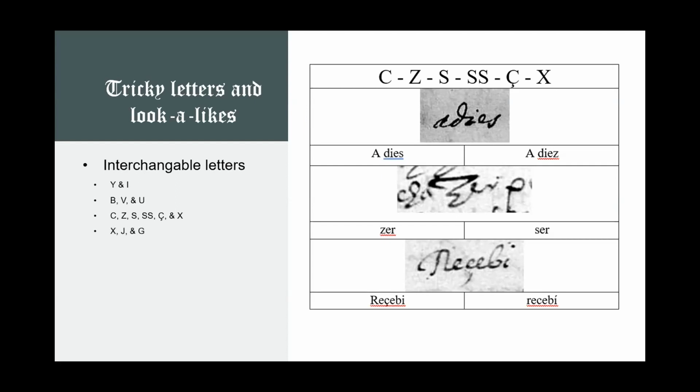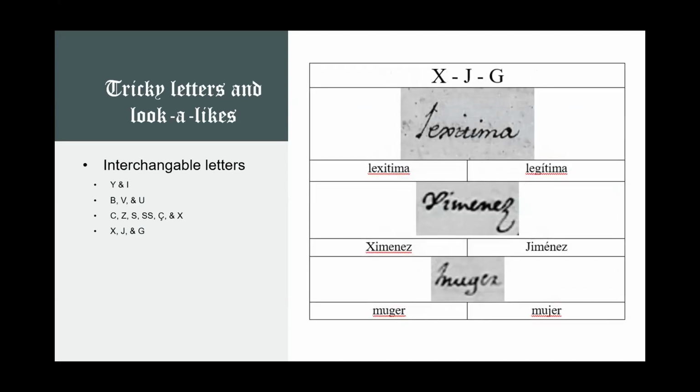Another interchangeable pair is X, J, and G. The importance with these ones is that they all have the same sound, though the sound has changed over time as well.